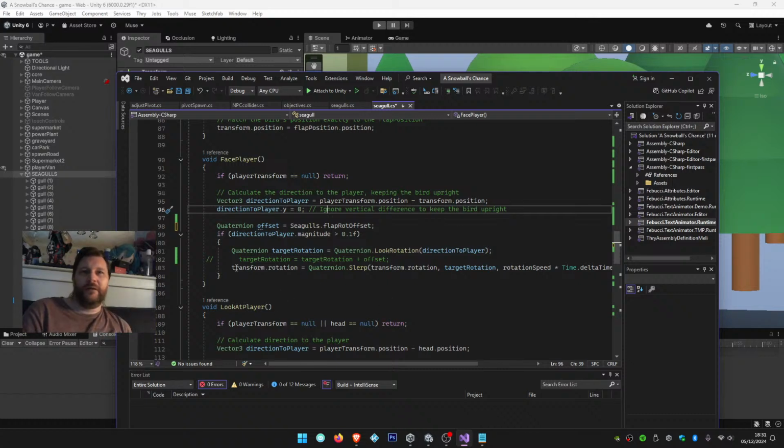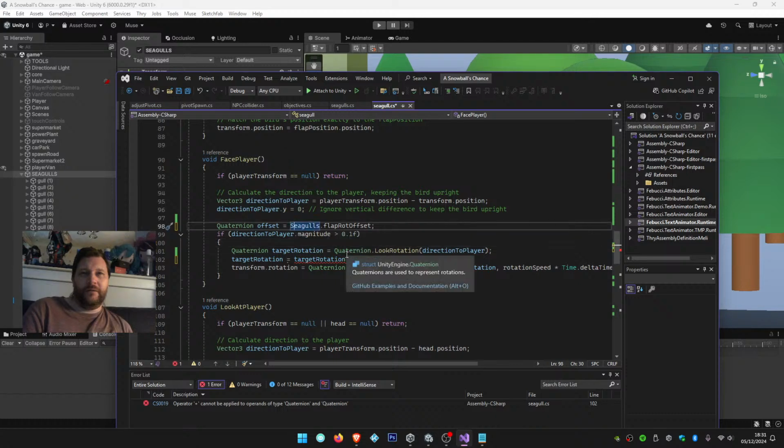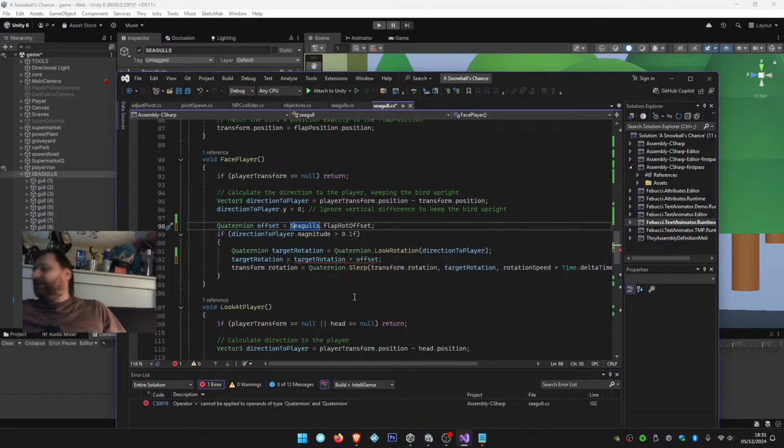Huh. So in that case, I should be able to add... cannot be applied to operands of type quaternion and quaternion.